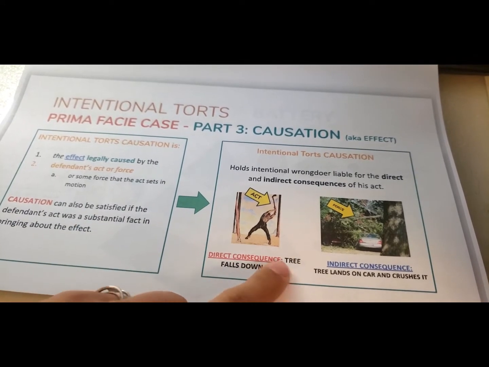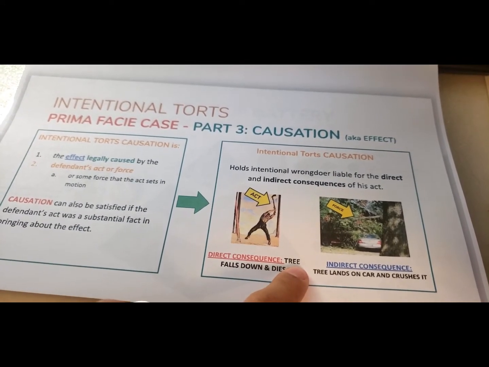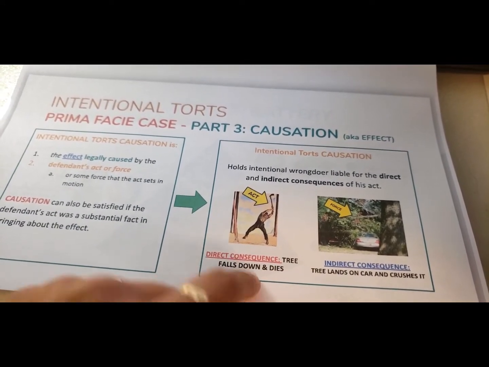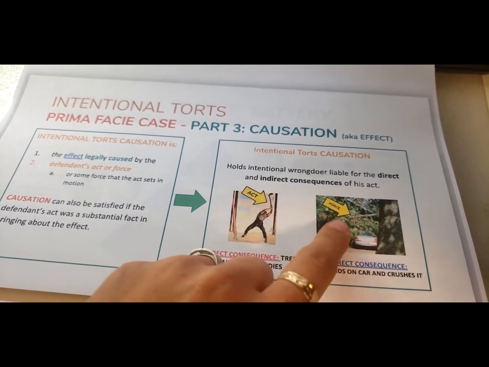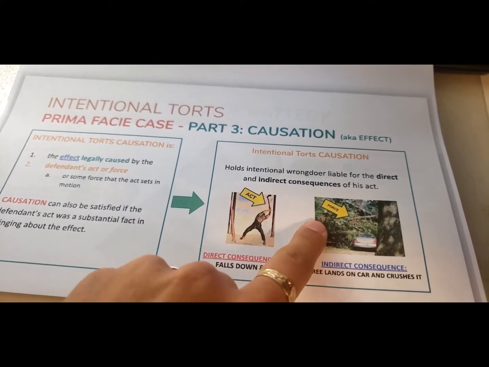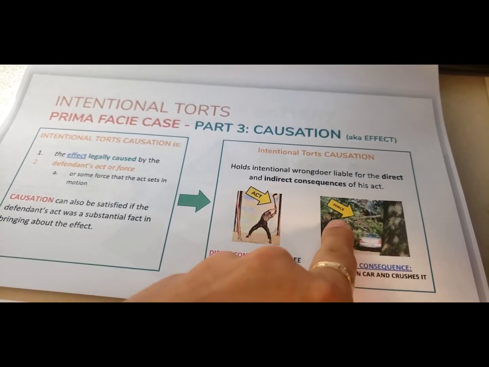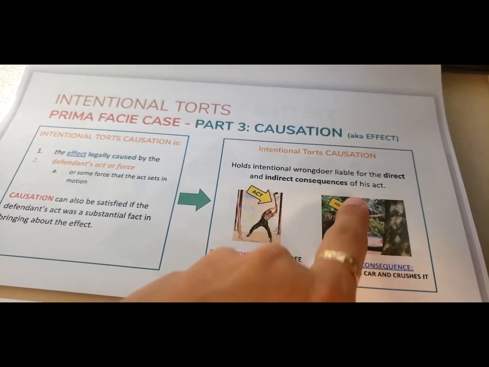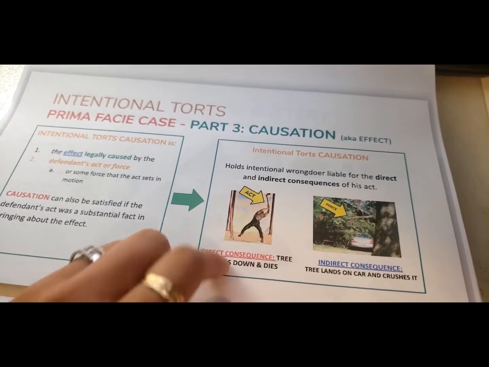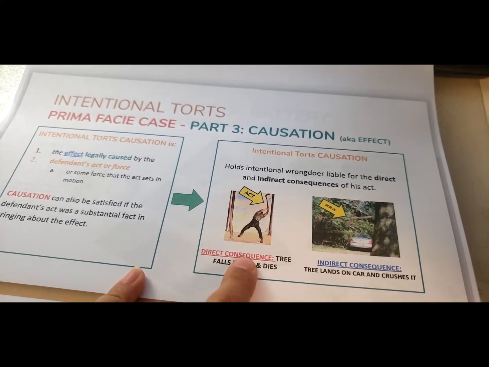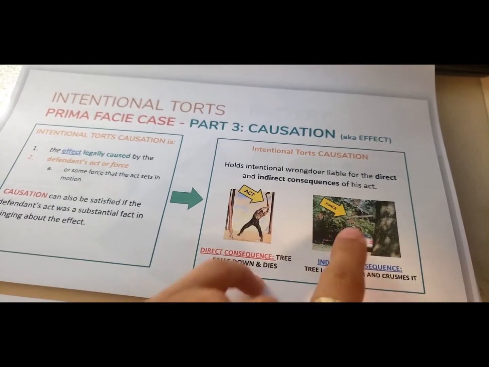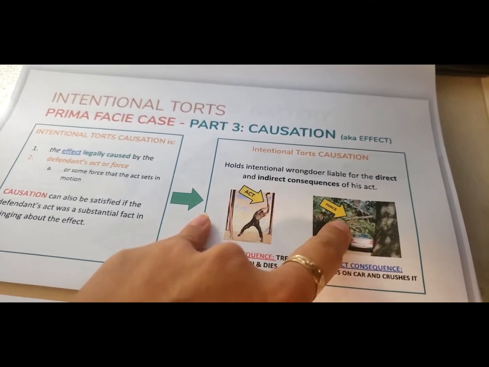The direct consequence is the tree falls down and dies, based on the act. Here we have a force, right? The tree that was knocked down lands in the car and crushes it. And so now you see that the defendant is liable for the direct consequences of their actions as well as the indirect consequences of their actions, whether it be by force.